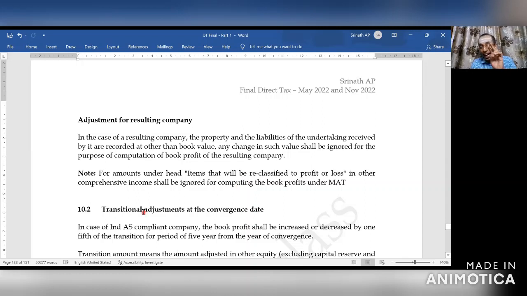Now we are talking about transitional adjustment. We just had a little bit of understanding on the meaning of transitional adjustment when we were discussing yesterday.